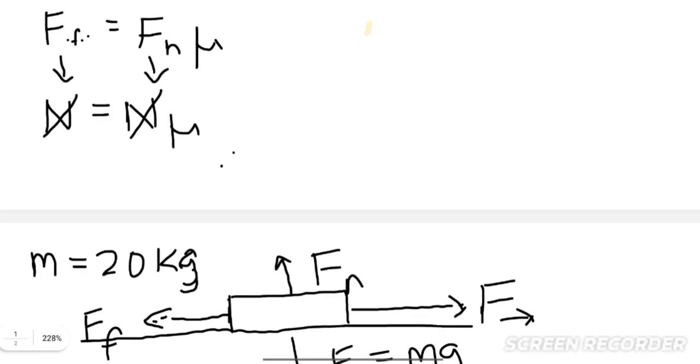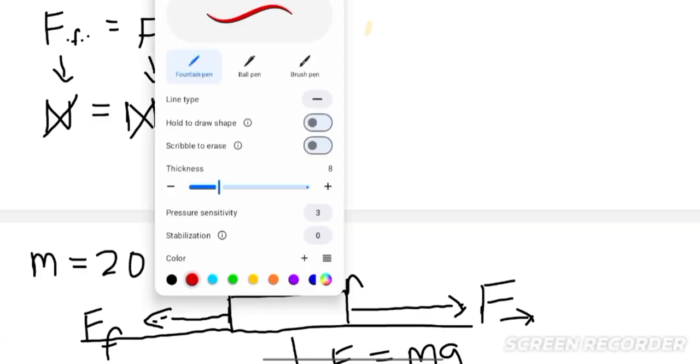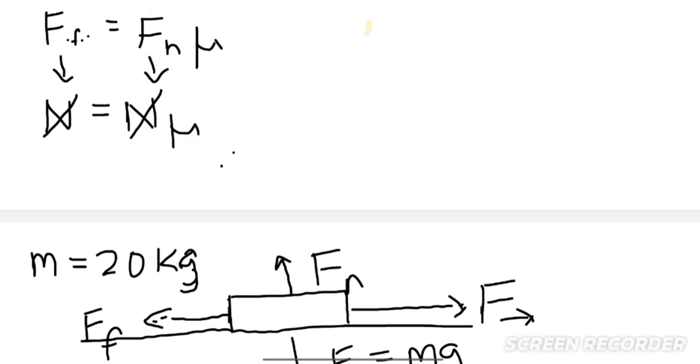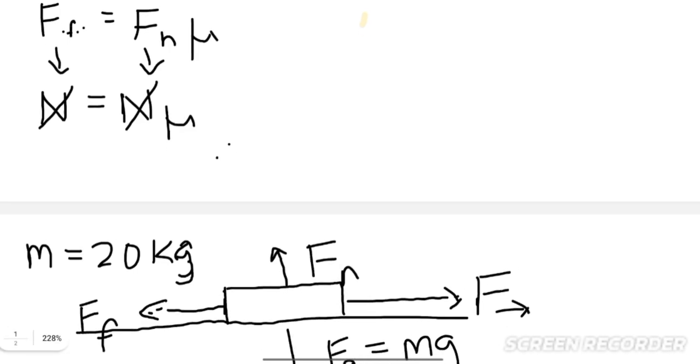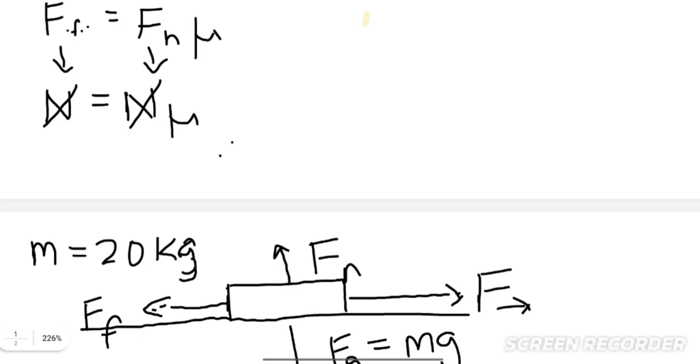All right, anyway, the frictional force, which is F sub F, is equal to the normal force times the friction coefficient. And the reason why the friction coefficient doesn't have any units is because we've got the frictional force, which is in newtons, and the normal force is also in newtons.